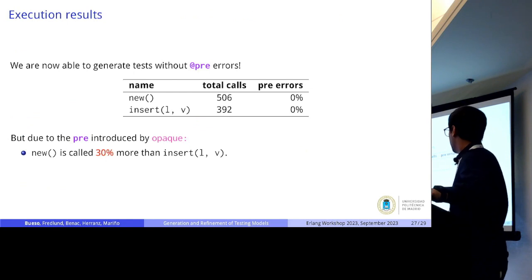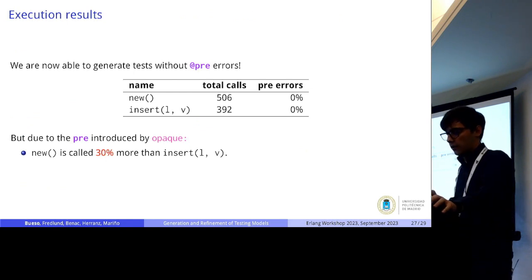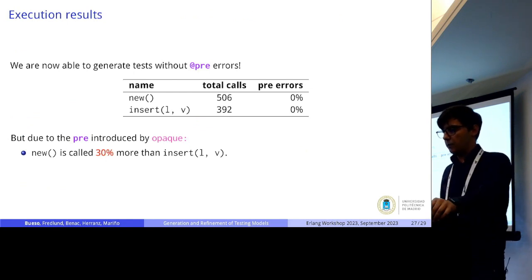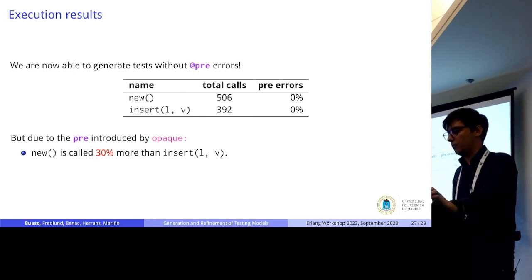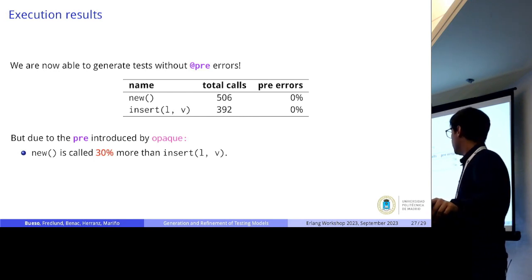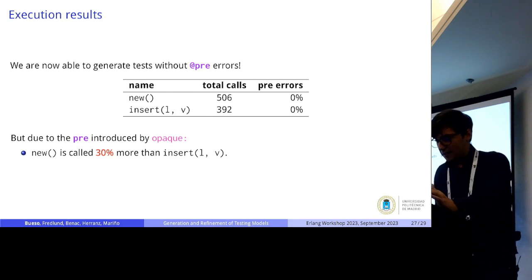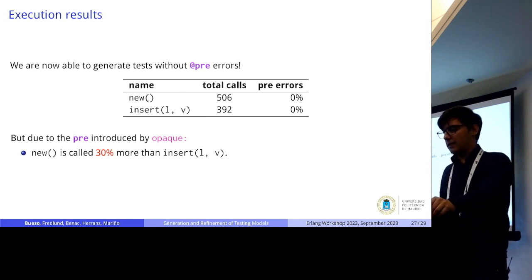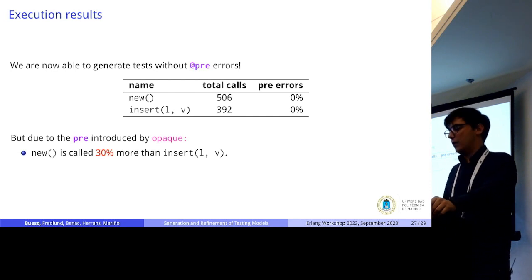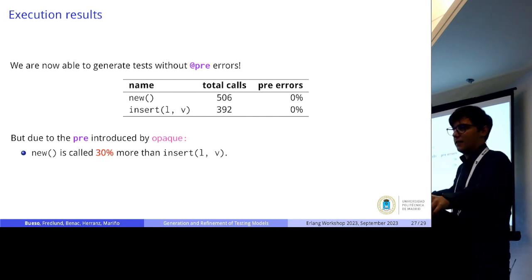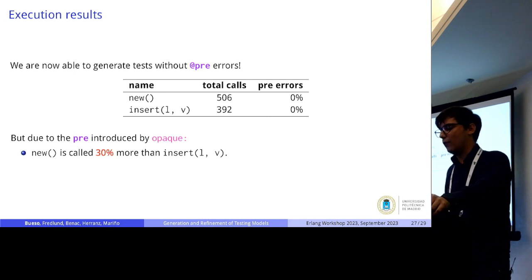So here we have some execution results. Now we are able to generate tests without contract precondition errors. But we see that due to this precondition that we have added, we call like 500 times new, but just 400 times insert.